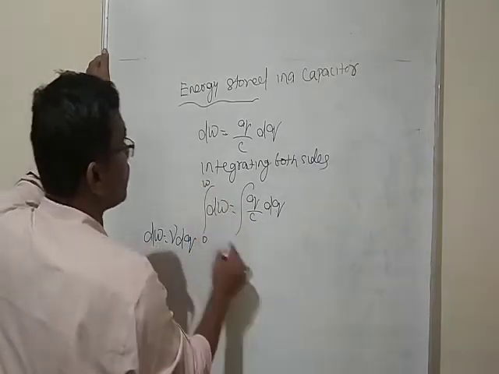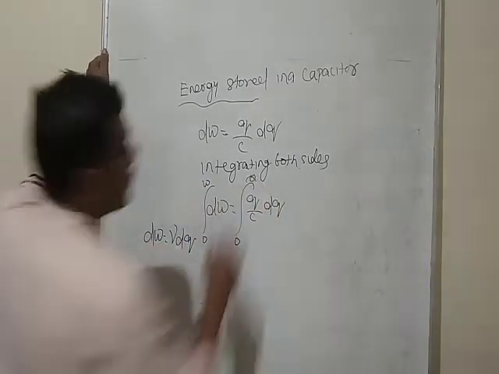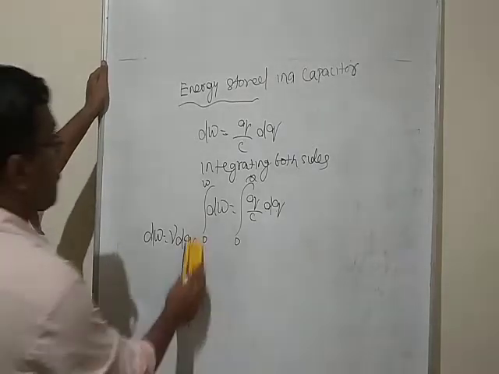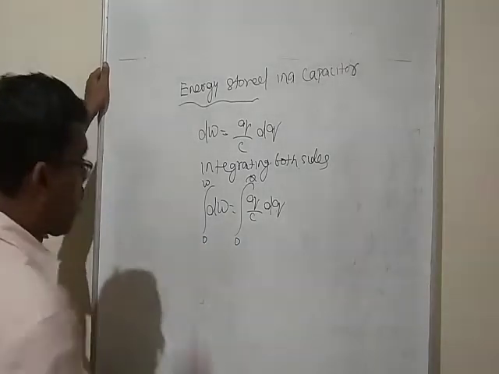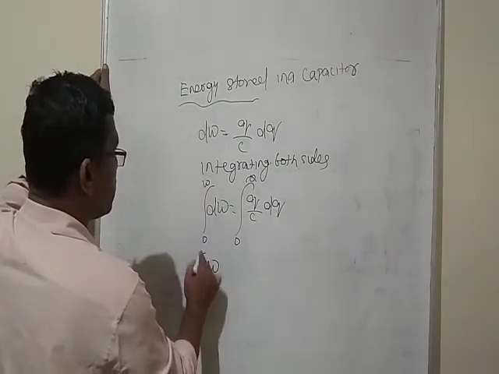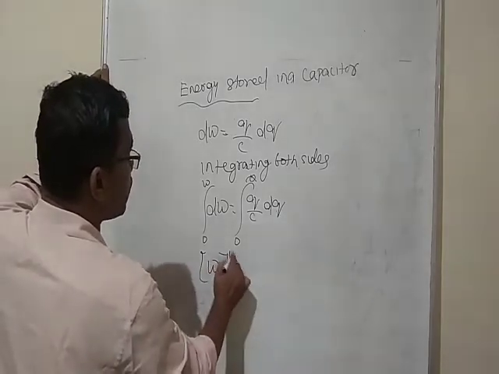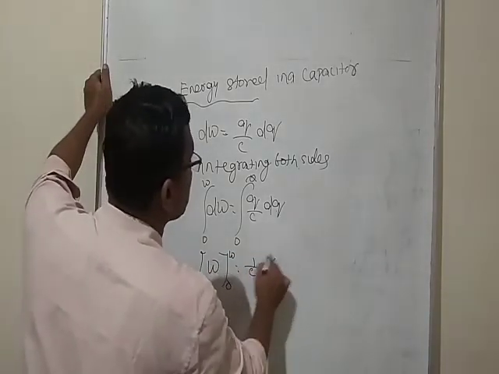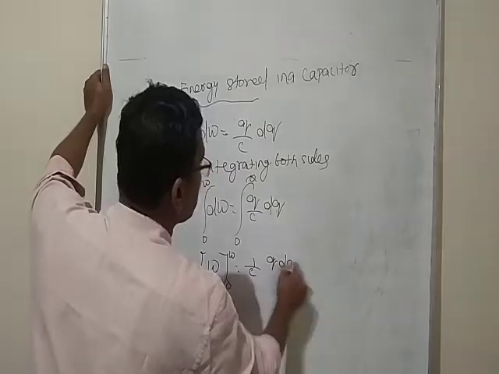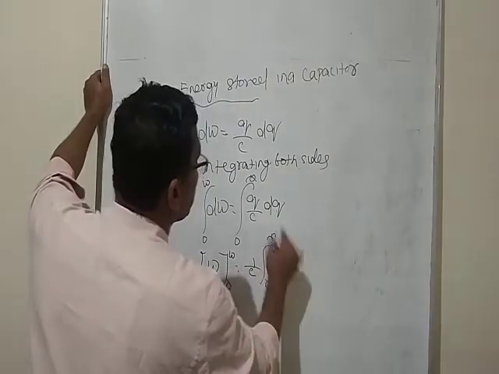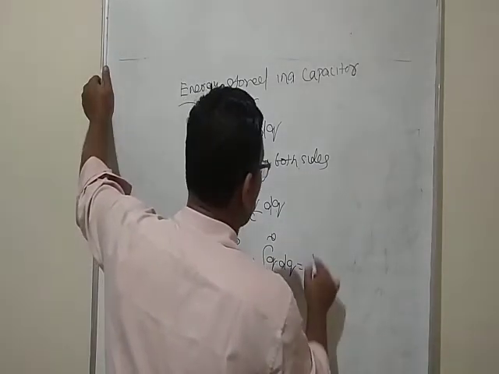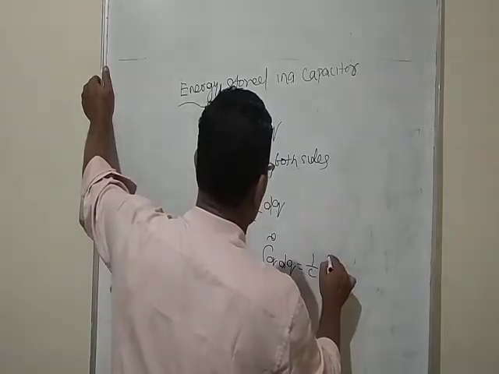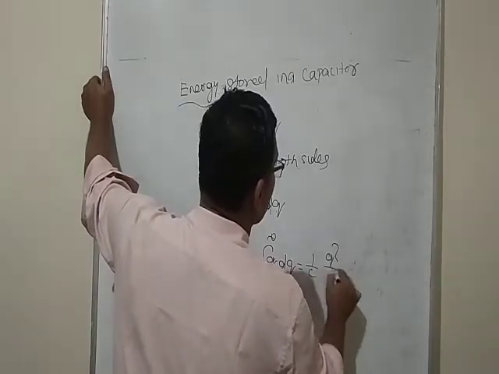Integrating from 0 to W, W is equal to 1 by C integral of Q dQ, which is equal to 1 by C Q square by 2.